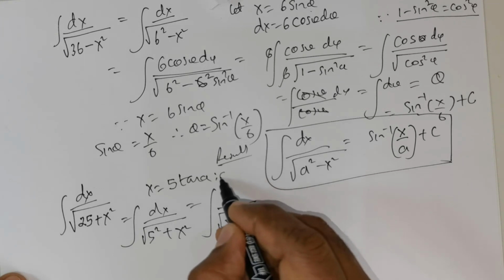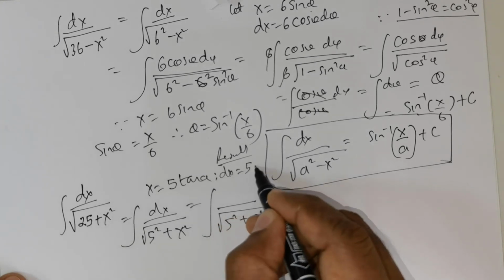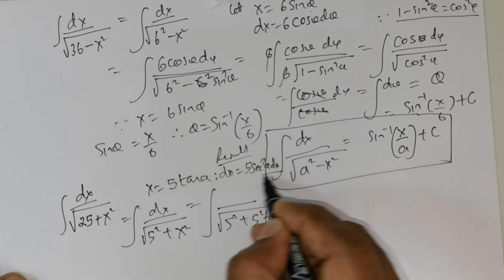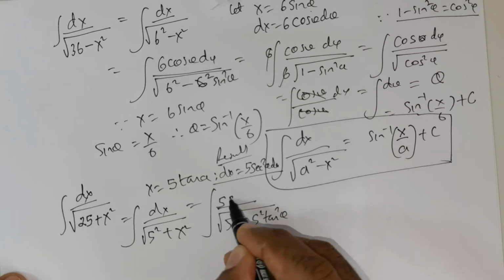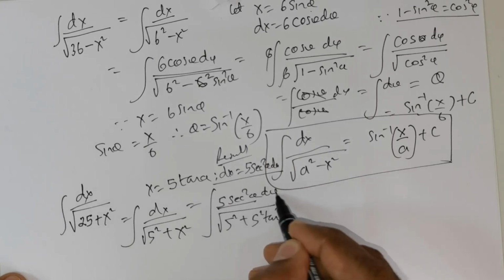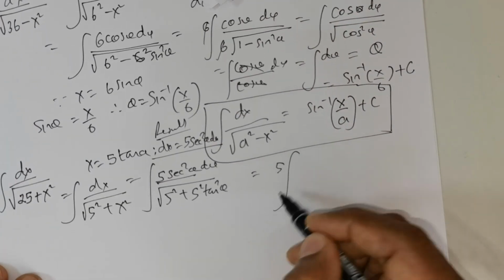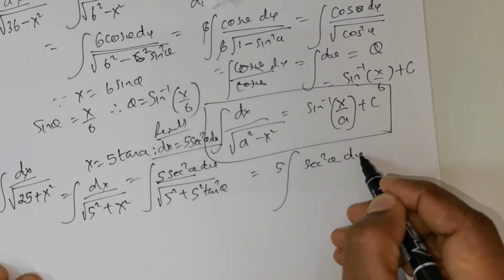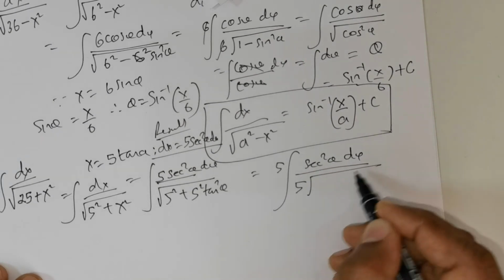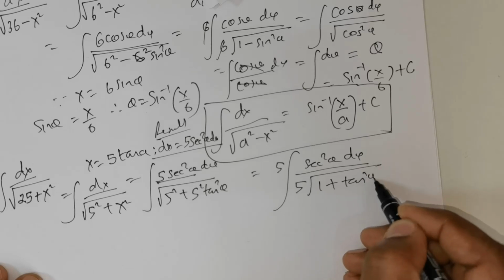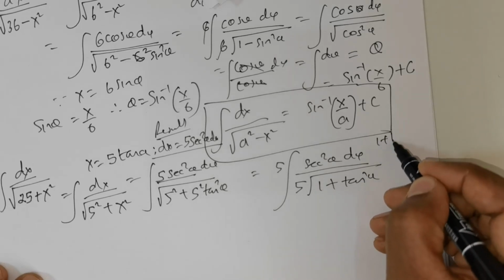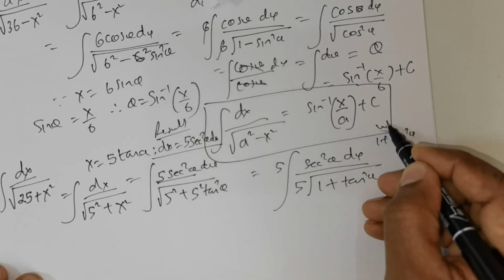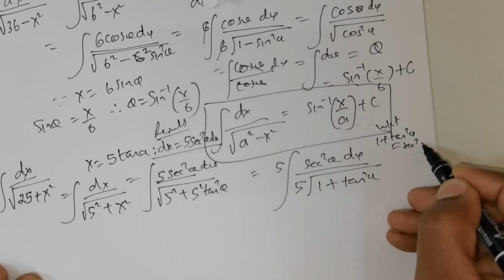Of course I need to get a dx here. dx will be 5 times secant square theta d theta. So 5 times secant square theta d theta. So 5 can be taken out, and you get secant square theta d theta. I take 5 out from the root, I get 1 plus tan square theta. Now we know that 1 plus tan square theta is secant square theta.